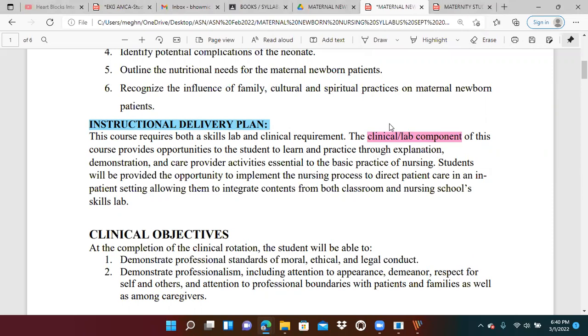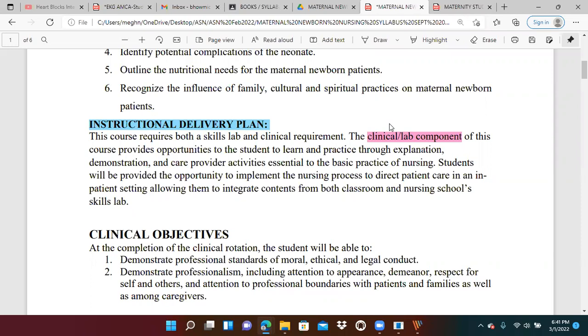Usually for clinical rotation, we have a collaboration with local hospitals, rehab centers, acute care. Students are allowed to go. Also, besides this, we have a simulation lab at the school. Students can learn so many things from the simulation lab that they are not allowed to learn from the hospital, but both are important. I appreciate that students should learn from the hospital, and students should learn from the simulation lab.